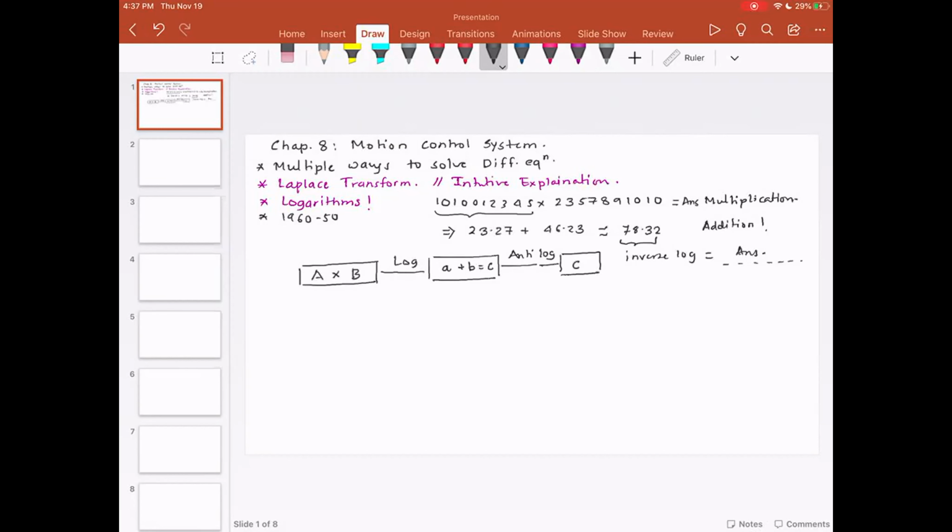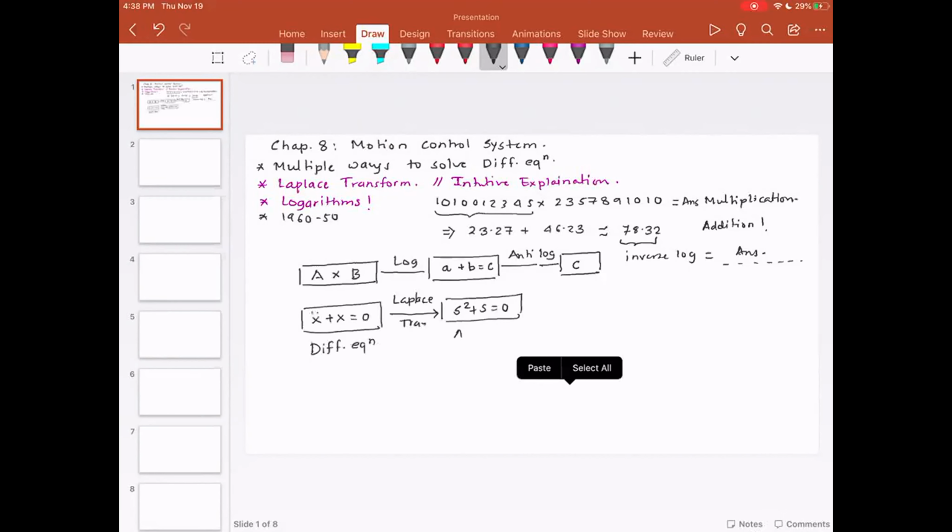So Laplace transform does exactly the same thing. If you have a differential equation, and I'm going to write this differential equation something like this. So this is the differential equation. And now you're going to take a Laplace transform. Once you take this Laplace transform, this differential equation gets converted into an algebraic equation.